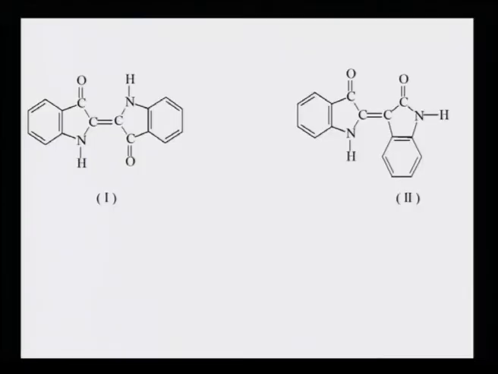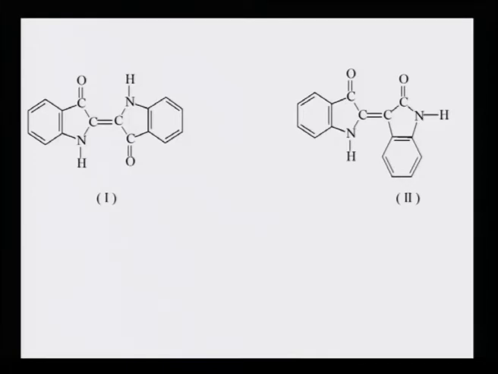Now, we try to look at the structure. You see, there are carbonyl groups and there is an NH group and there is an aromatic ring. Yesterday, we were talking about how these functional groups, let us now call them chromophores. So, the chromophores here are CO and NH, and then there is a benzene ring having delocalized electrons, and the C=C double bond which is connecting the two indigotin moieties together is all in conjugation.